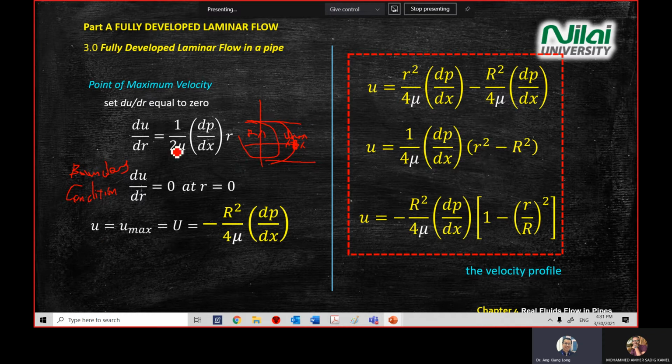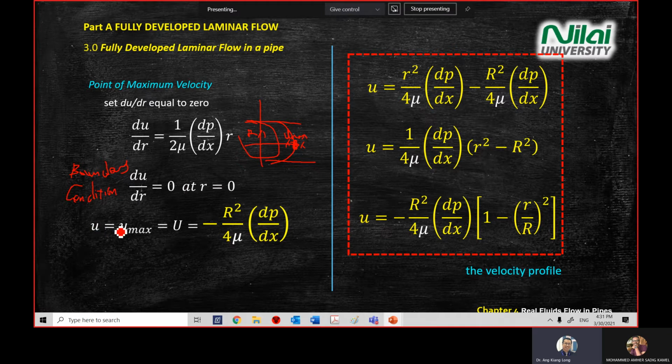If you differentiate and substitute the equation on the right hand side here, you get du dr; you can differentiate with respect to r. After that, you put du dr equals 0, substitute all the r terms in the differentiated equation, and then rearrange the equation.